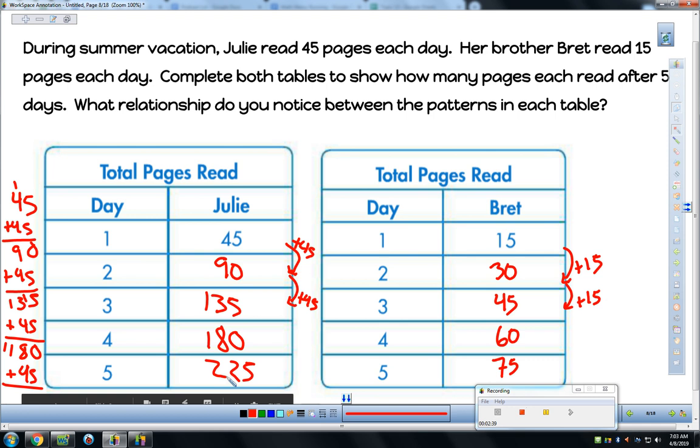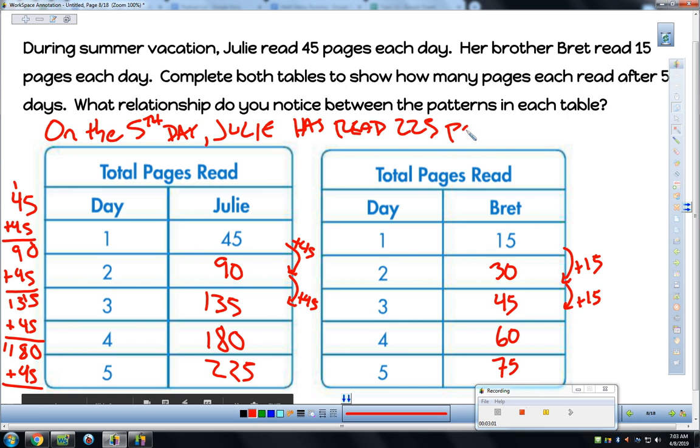So the relationship on the 5th day so far is Julie has read 225 pages, and Brett has read 75 pages.